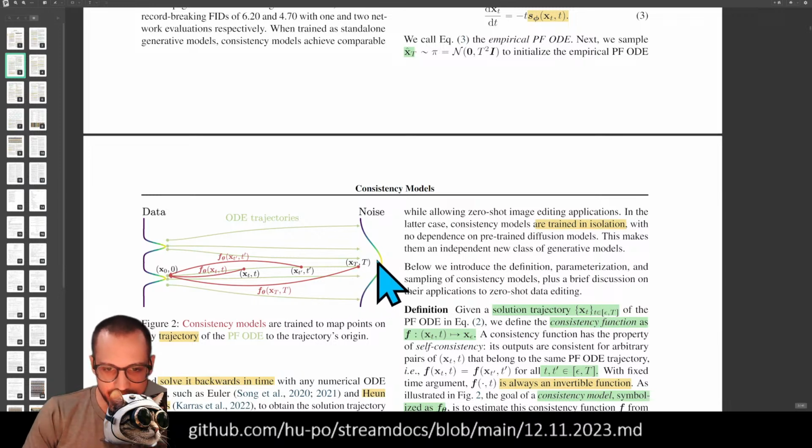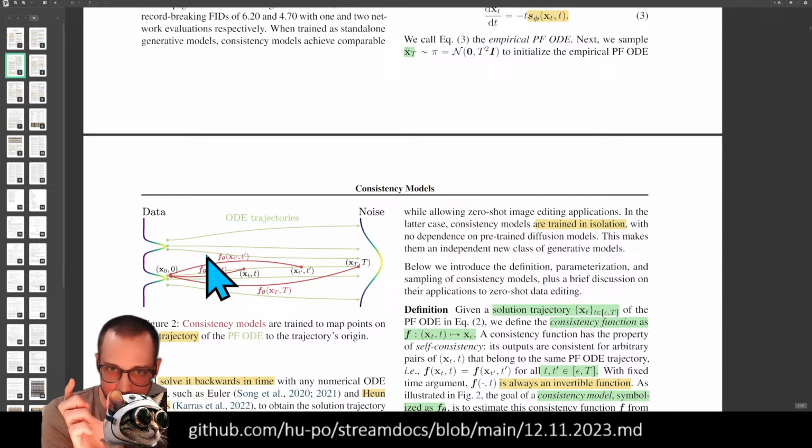So rather than having a diffusion model that goes from noise to data in a bunch of steps, sample some of the pairs between that and say, okay, here's the image halfway through this process, and here's the image at the end, and that should be the same ultimate path as starting from step 1 or starting from step 9 or some arbitrary step.